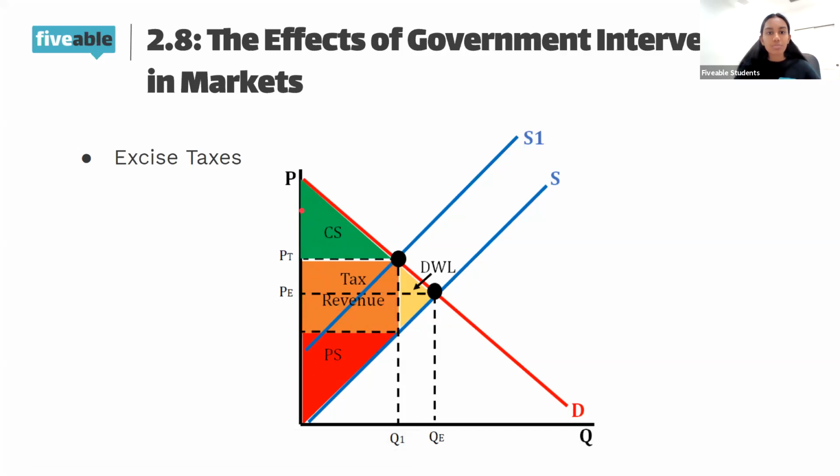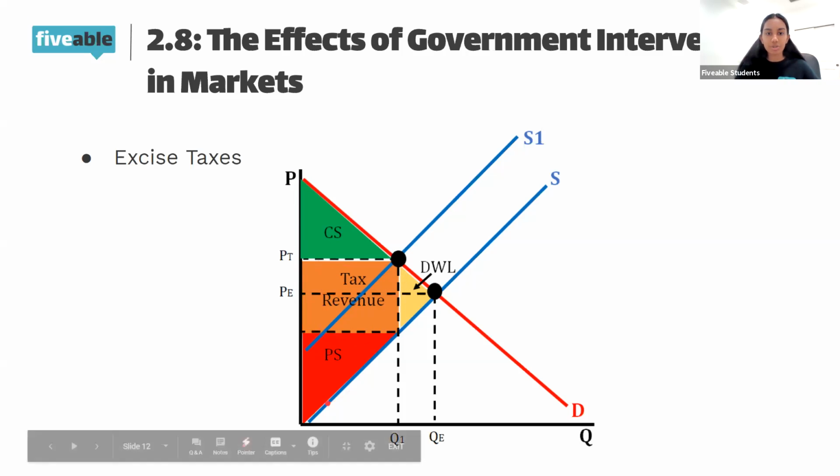So if you can see my pointer, the consumer surplus actually used to be from point, let's call this point P, from P to PE, where the old supply and demand met, but now it's shrunk upwards. And that amount right here is the tax revenue, and same for producer surplus.